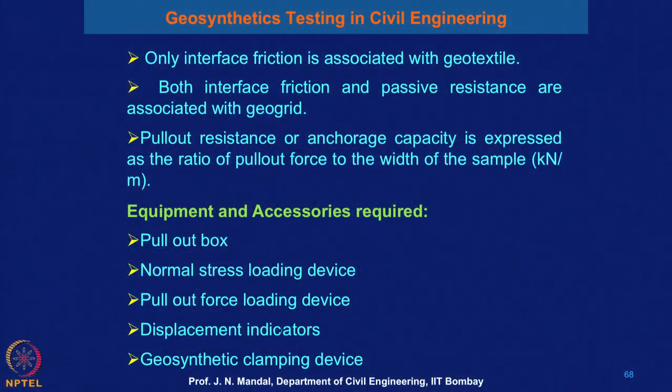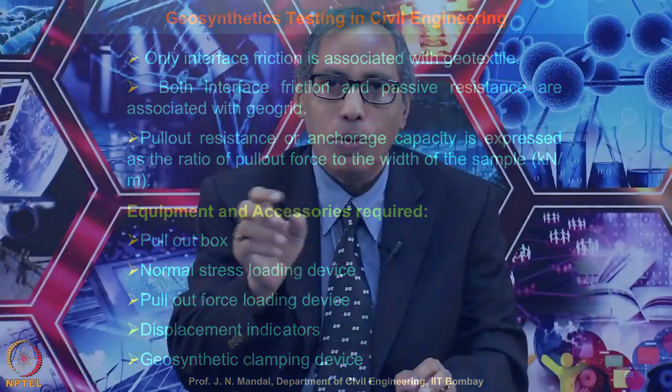On the other hand, both the interface friction and the passive resistance are associated with geogrid materials, because geogrid is a kind of open mesh. So, there will be interface friction between the soil and the geogrid, and because of the openings of the geogrid there will be a passive resistance acting between the geogrid and the soil.